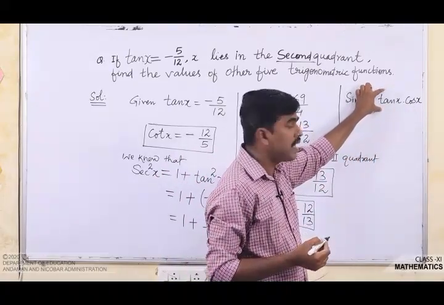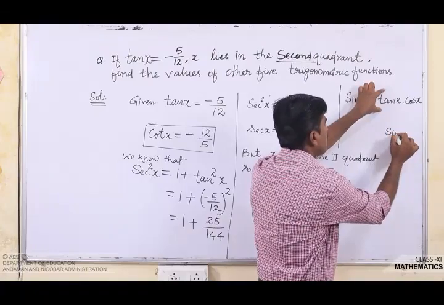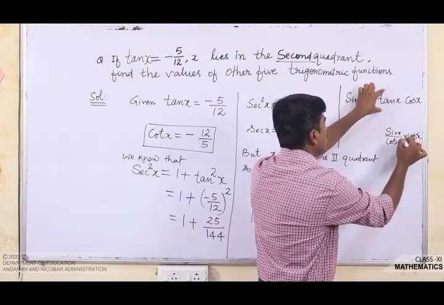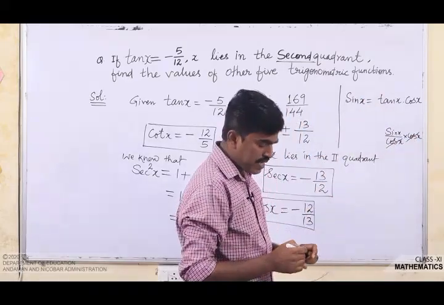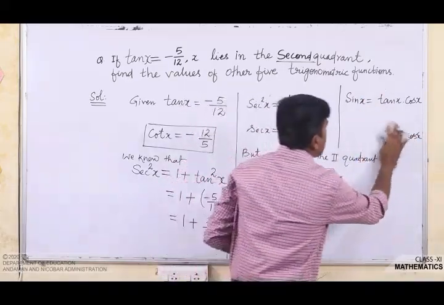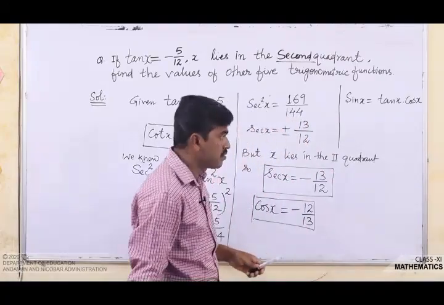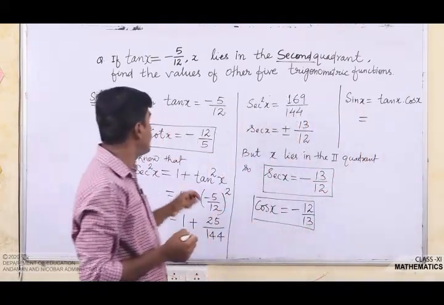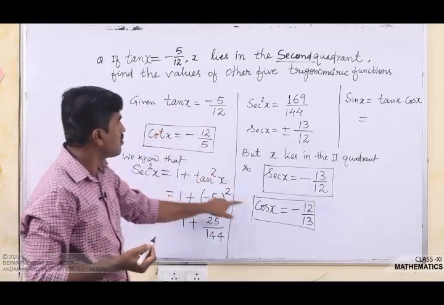Because we know that tan x is sine upon cos. So sine upon cos into cos x is nothing but sin x. So sin x can be written as tan x into cos x. It is better to use this one here because we know the value of tan x and cos x.